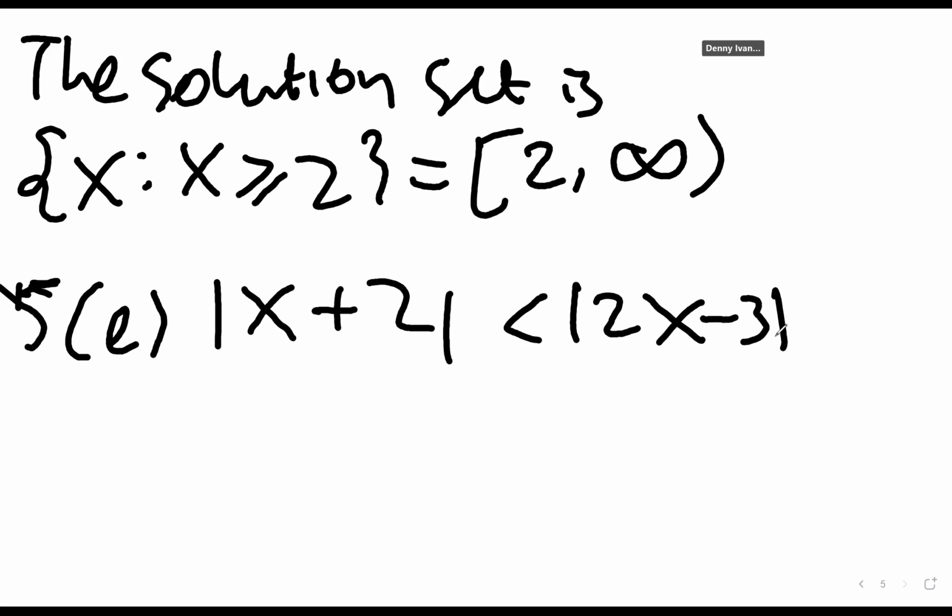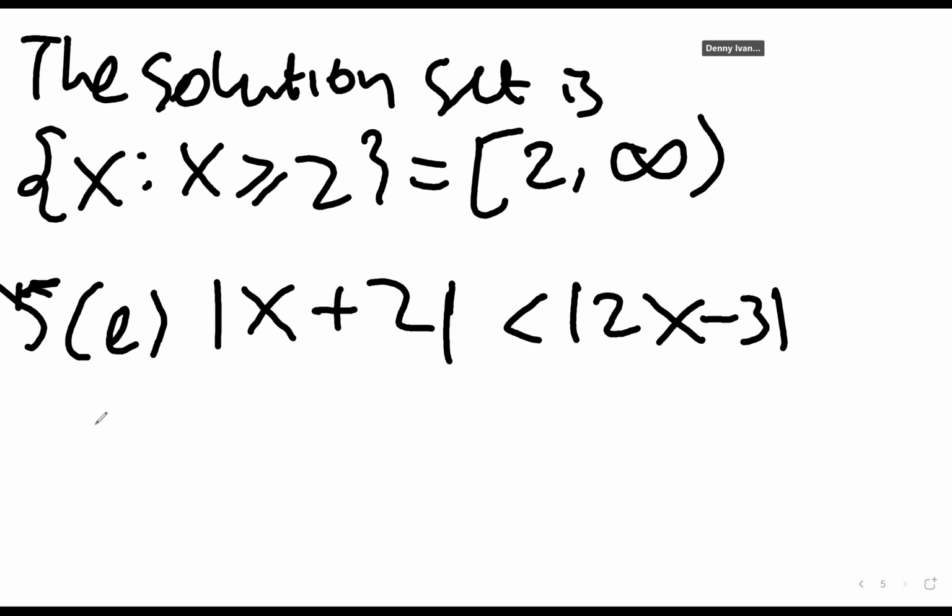Okay. Actually, we cannot solve this directly as in the earlier question, but we recall that the absolute value of x equals the square root of x squared. By the monotonicity of the square root, to find the solution, we can actually take the square of these two.